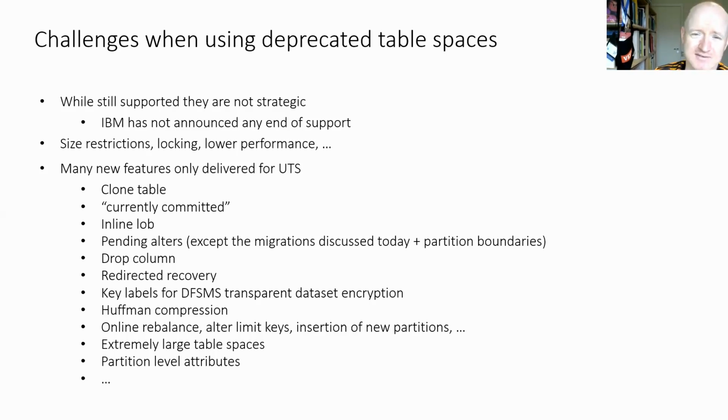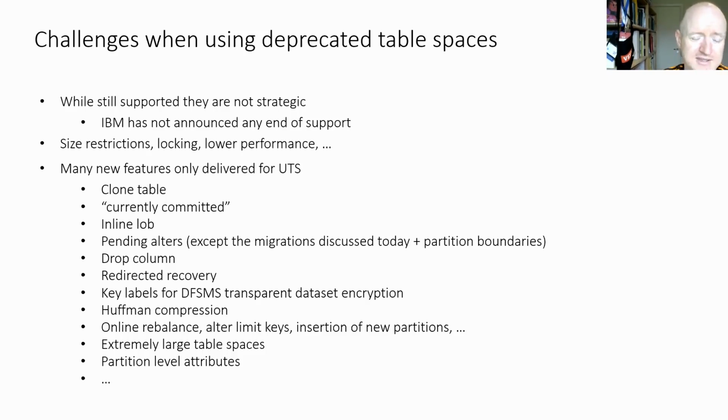Some of the challenges around the older tablespace types would be size restrictions, locking issues, potentially lower performance for certain operations, and there are probably other things as well. But probably more importantly, most or all new features are only delivered for universal table spaces. So things like clone table, currently committed locking, inline LOBs, almost all of the pending alters, things like drop column.